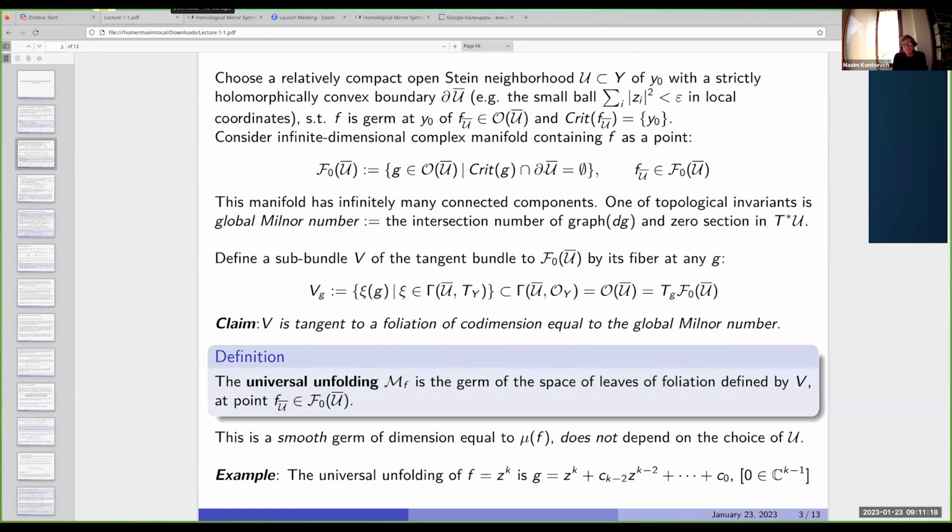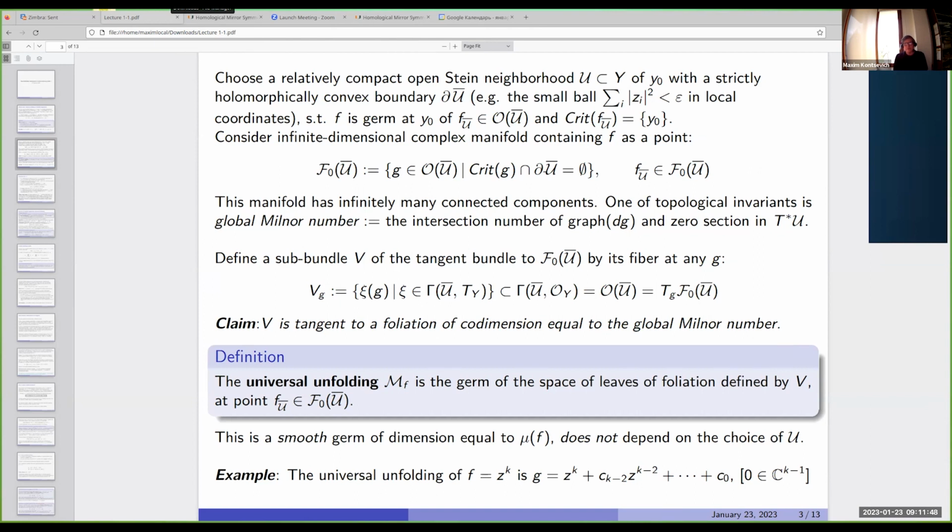For example, in local coordinates, you consider just a small round ball, and you get this neighborhood. I assume it's small enough, so that my germ is an actual function on this neighborhood, and it has only one critical point. It's my point Y0, so don't make it too big.